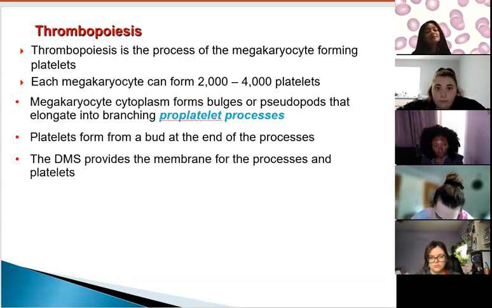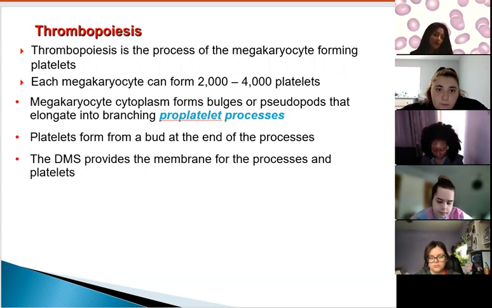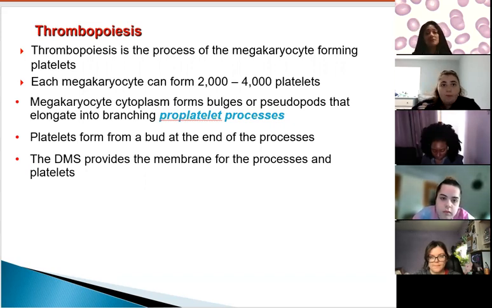Okay, so now let's discuss how we actually create these platelets, right? So now we know where our megakaryocytes are coming from, but now we need to know where our platelets are coming from. We know that it's from the cytoplasm of a megakaryocyte, but there's a whole process to them.